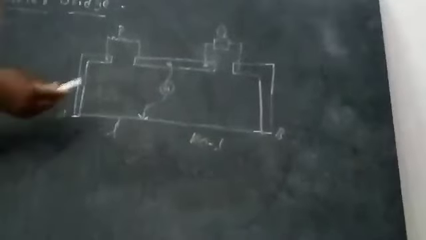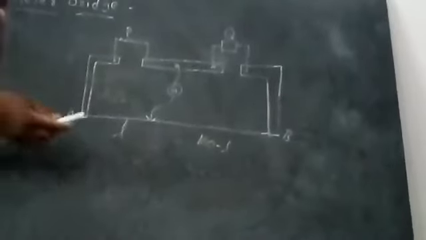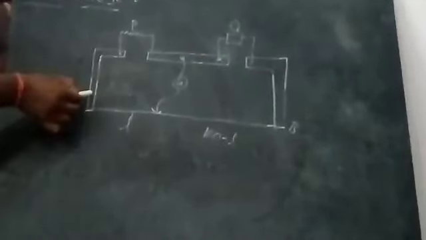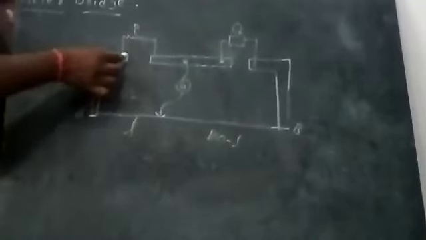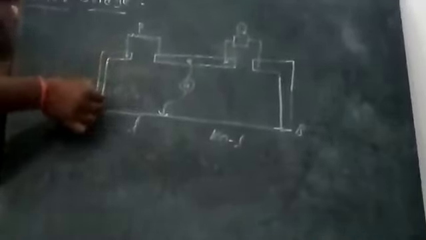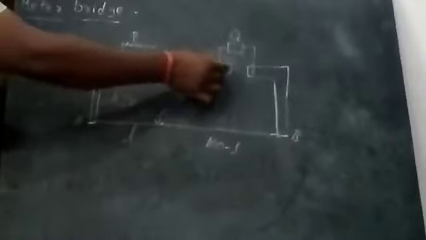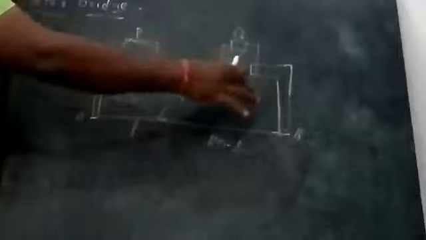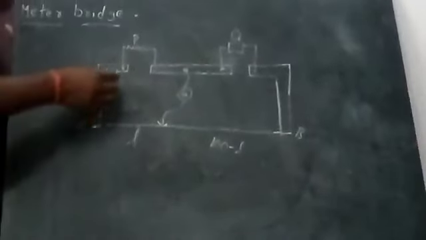In the meter bridge, it consists of three thick metallic copper strips: two L-shaped copper strips and one copper strip placed between those two L-shaped strips.